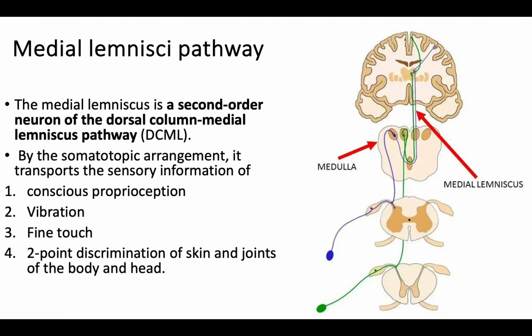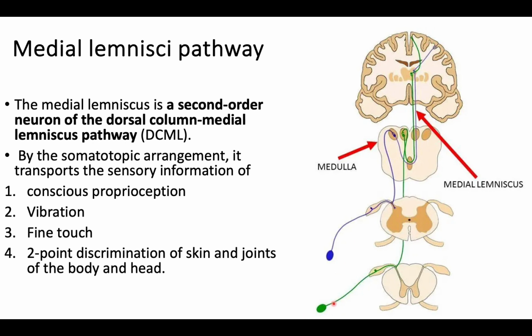So just to emphasize, the medial lemniscus is the second order neuron of the dorsal column medial lemniscus pathway. By the somatotopic arrangement, it transports the sensory information of conscious proprioception, vibration, and then what? Touch and two-point discrimination of skin and joints of the body and head. So we have looked at that. This one is giving you two axons, if you like, or two neurons that are going through the spinal cord.